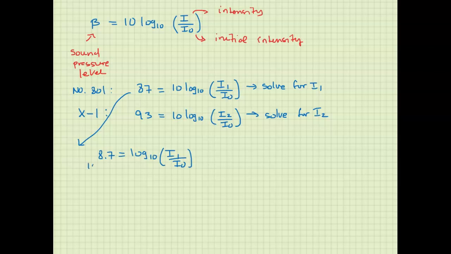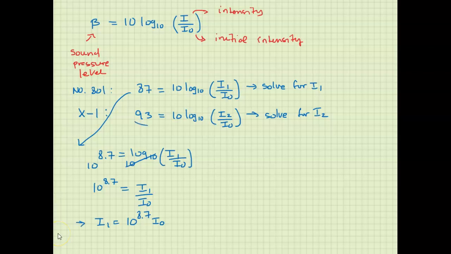So we're going to do 10 to the 8.7 and 10 to the this to cancel out the log. So we have 10 to the 8.7 equals I1 over I0. So I1 is equal to 10 to the power 8.7 times I0. Okay, so don't bother doing 10 to the 8.7, it's a big number. We're just going to leave it like this.